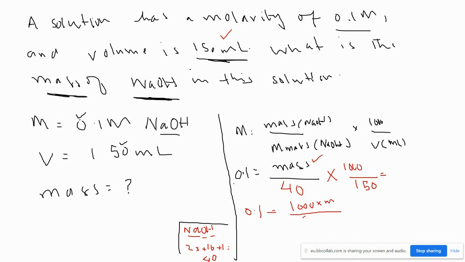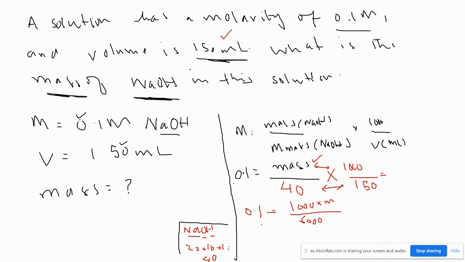It will be 6000, I think. Yes, 6000. Because this is multiplication, above you should multiply, down you should multiply.